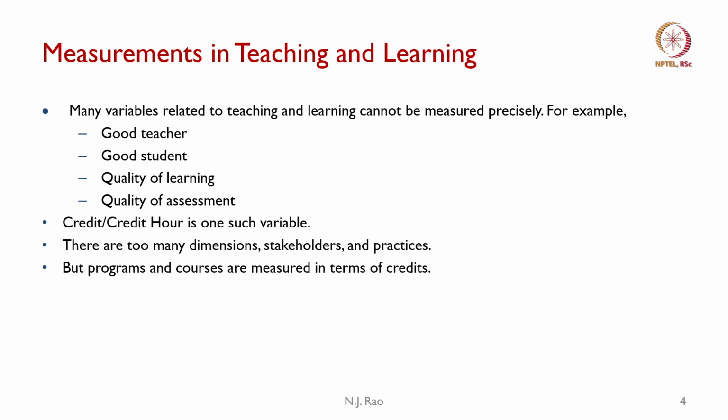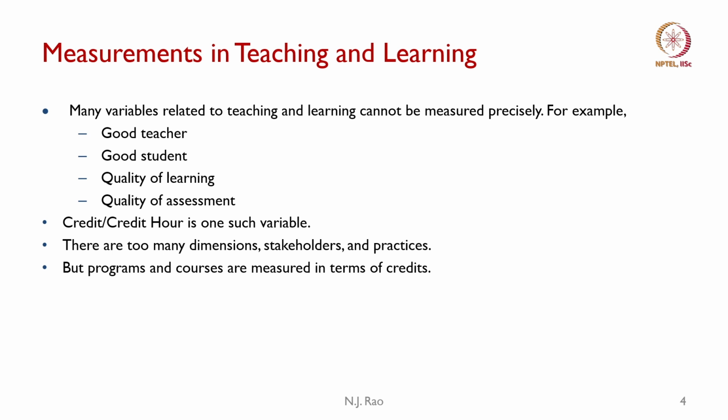No, you cannot do that. There are too many dimensions, stakeholders and practices. Anything related to teaching and learning has an infinite number of variables that come into picture, and you cannot control most of them. So to that extent, with so many dimensions, precise measurements are not easy.